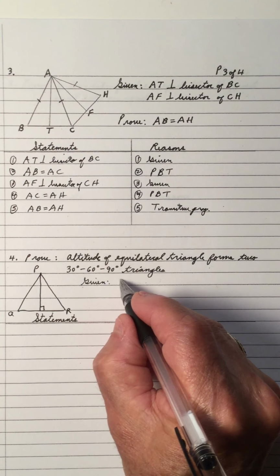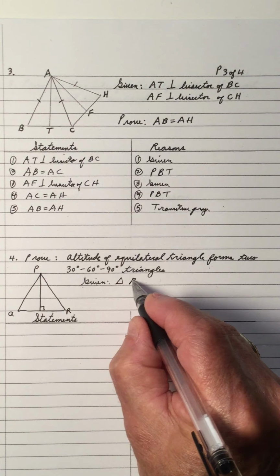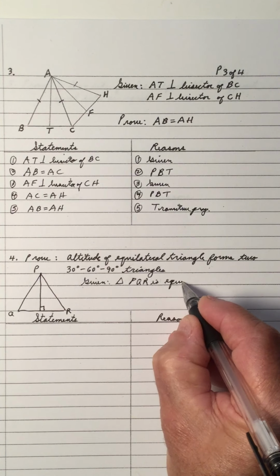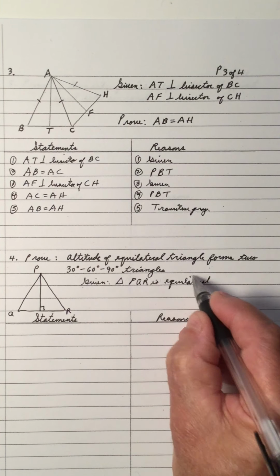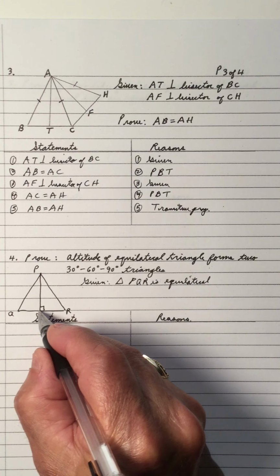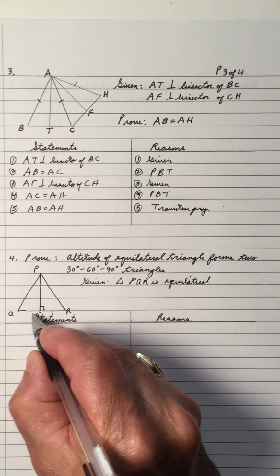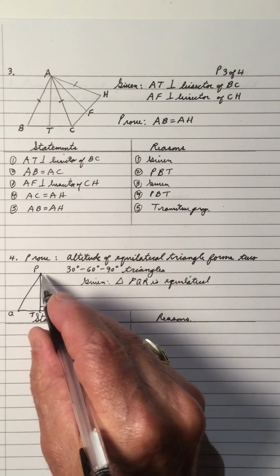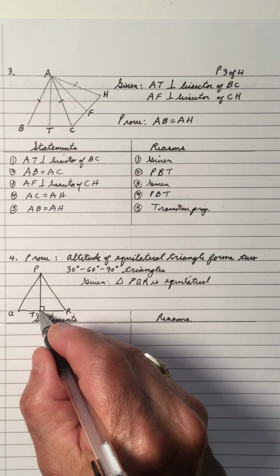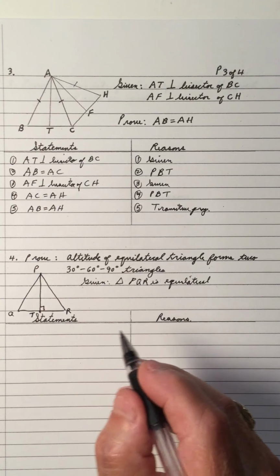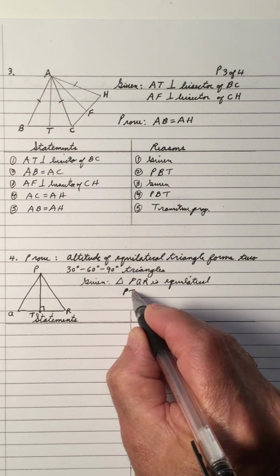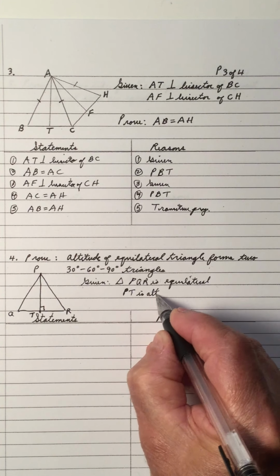So we're given, I have to put down my given, I'm given triangle PQR is equilateral. And P is perpendicular, so I'm going to have to name where it hits. So I'm going to say it hits at T. So the altitude is drawn to QR, intersecting QR at T. So we have PT is an altitude.